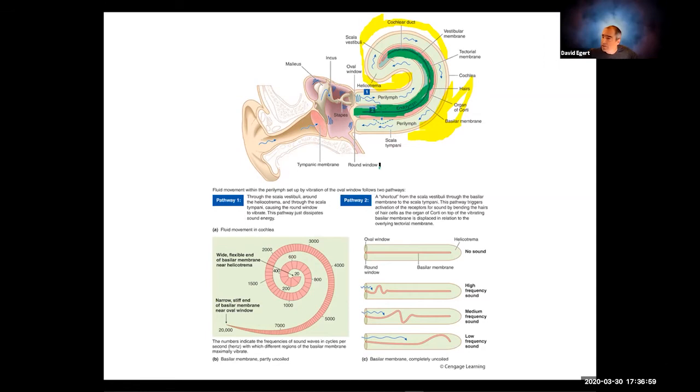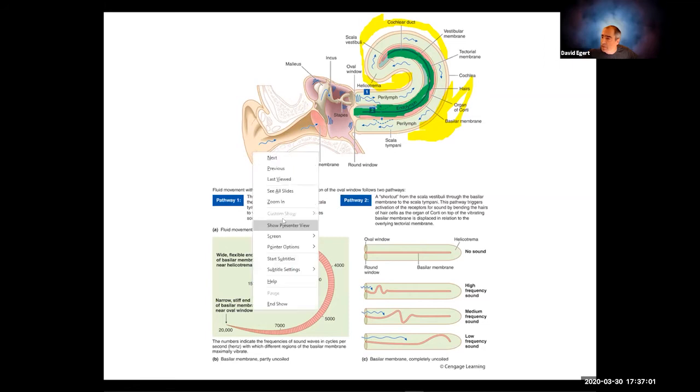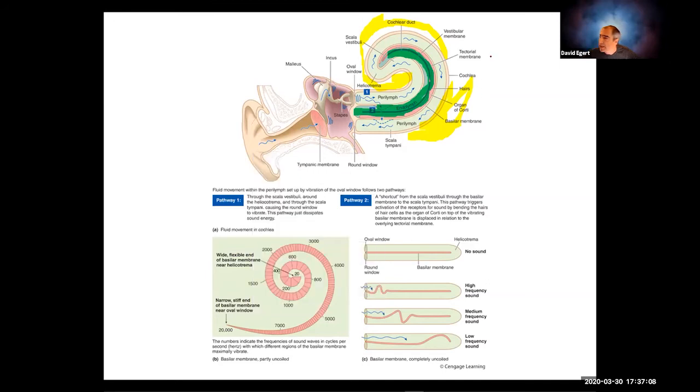And there are these two kinds of fluids that are going to be important. So far, we've just been talking about the idea of endolymph, which is in the membranous labyrinth.